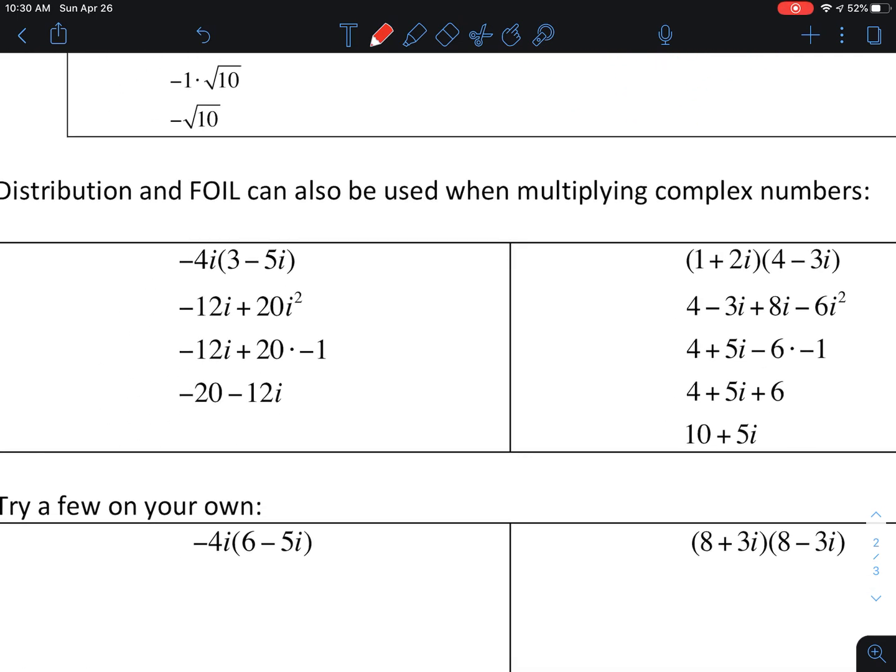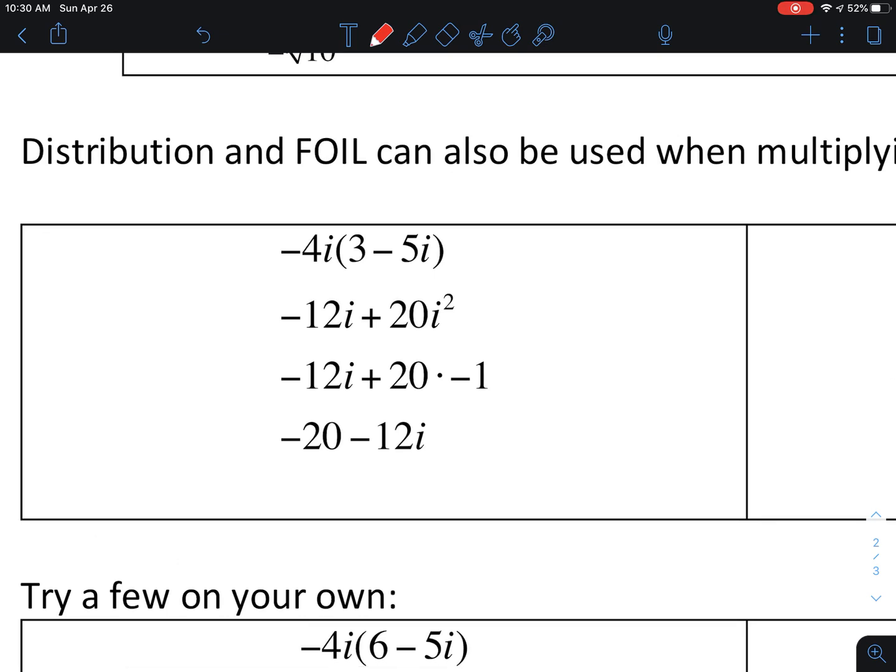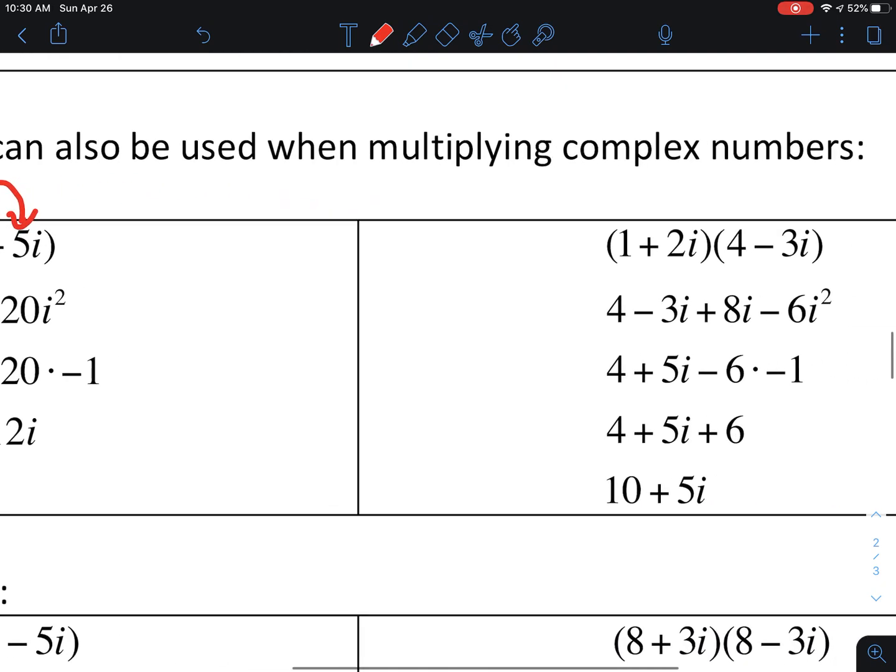Let's take a look at other places where we'll see that i squared come into play, okay? So anytime we're multiplying two imaginary numbers together with i's, we're going to get i squared. We can distribute complex numbers like we did here.